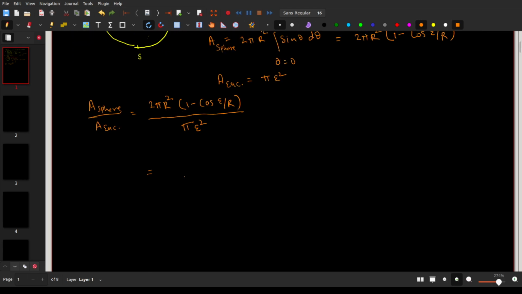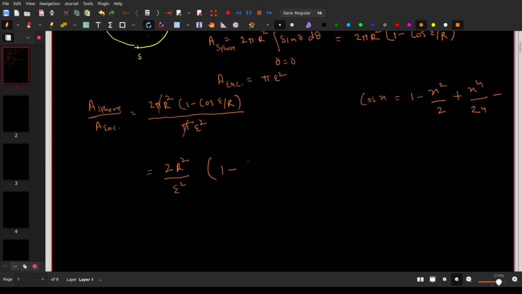If we expand it in epsilon, first of all pi cancels pi, so we are left with 2r square by epsilon square times 1 minus cos of x. The series for cos of x is given as 1 minus x square by 2 plus x to the 4 by 4 factorial, and 4 factorial is 24, and higher order terms.